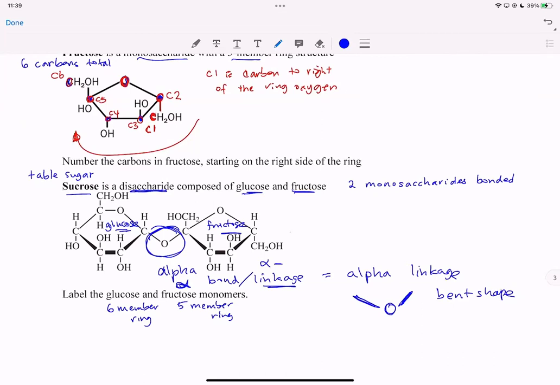So what humans can do is digest that alpha linkage, because there's basically an enzyme in the human body that can break down that alpha linkage. Probably that bent shape is part of the importance of it, because we'll see that proteins that are enzymes recognize molecules, not because they can see, they don't have any brains, but they recognize molecule shape.